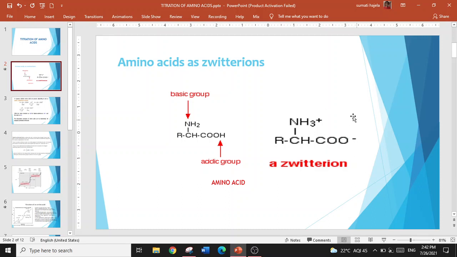So such a compound is also known as an ampholyte. These are also known as ampholytes.